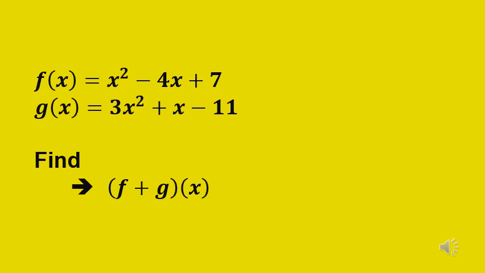I'm going to look at one other problem here quick. This one again, I've got a formula for f and a formula for g. And I want you guys to take a minute and see if you can figure out what would f plus g of x end up being.